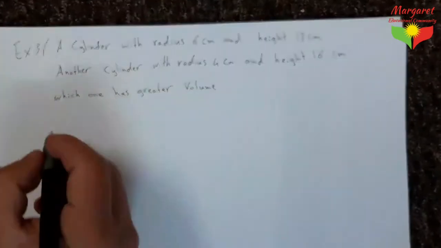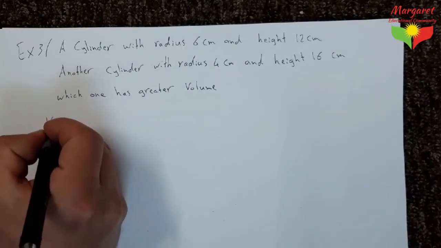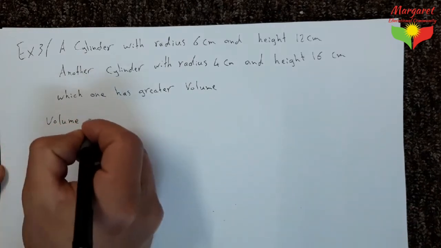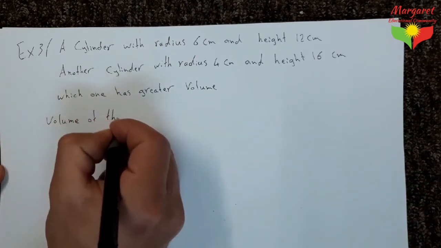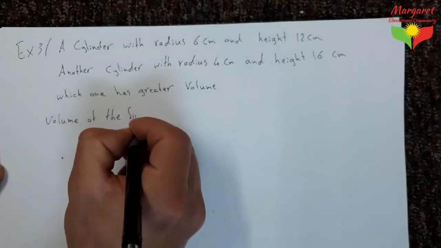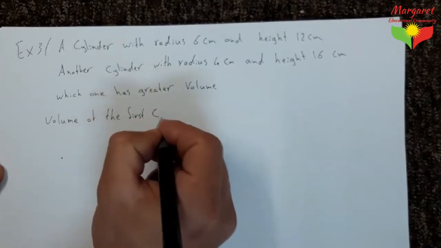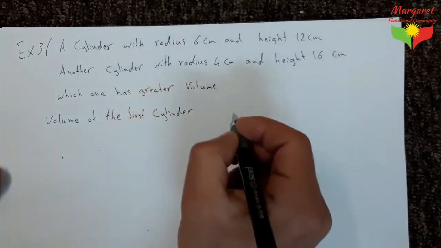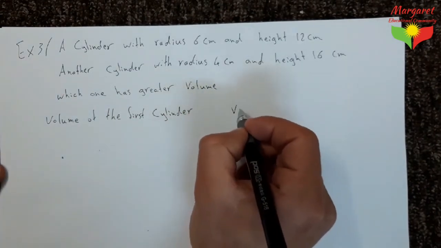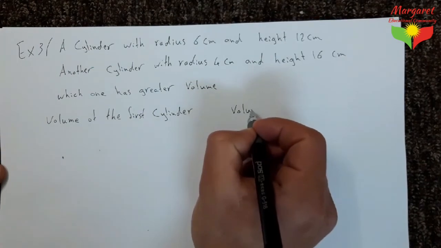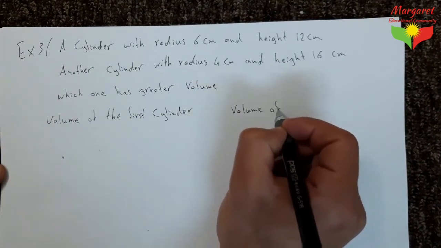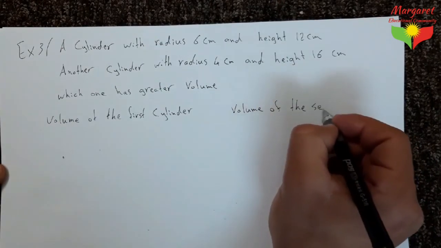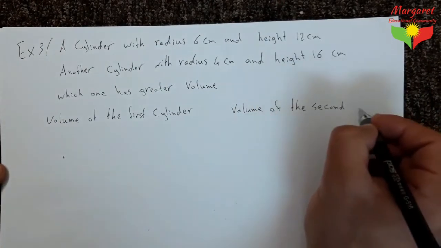So we have volume of the first cylinder and volume of the second cylinder.